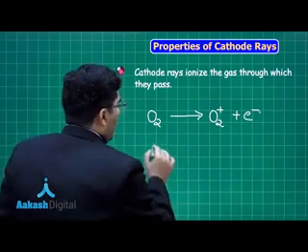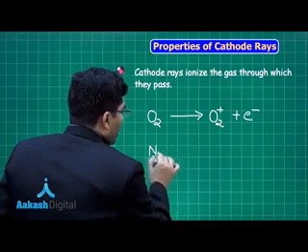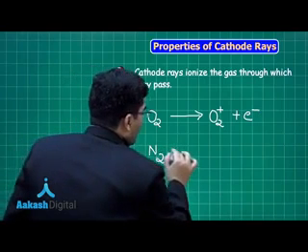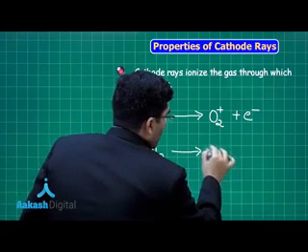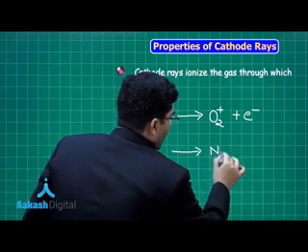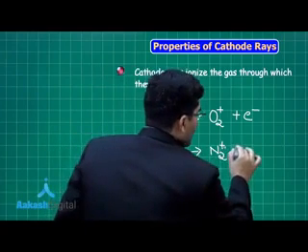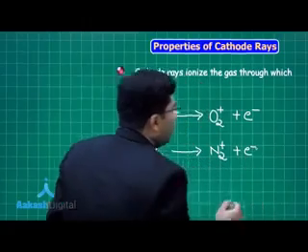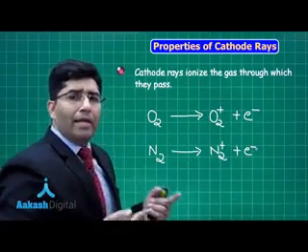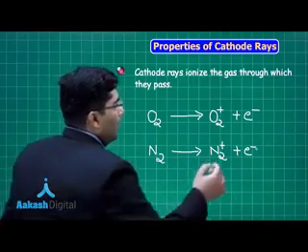So if we have nitrogen, it will become N2 plus and an electron. So any other gas will also ionize.